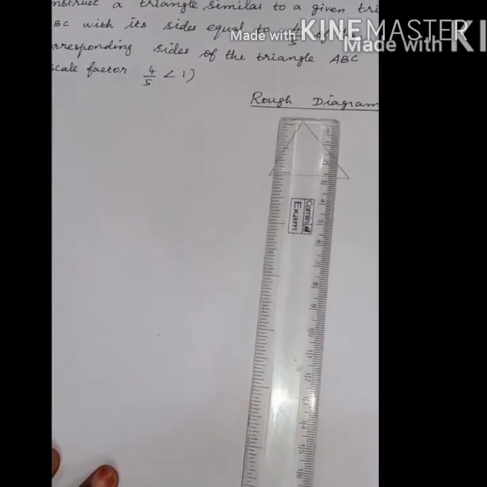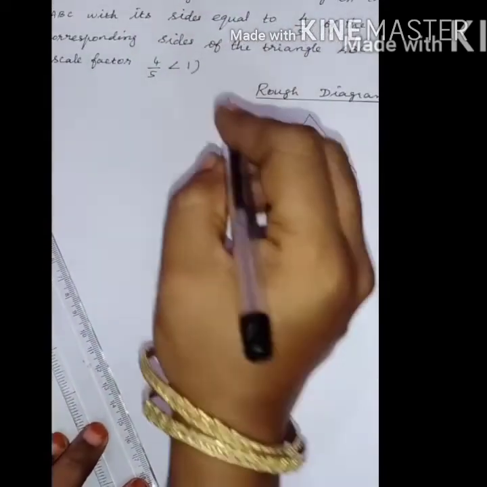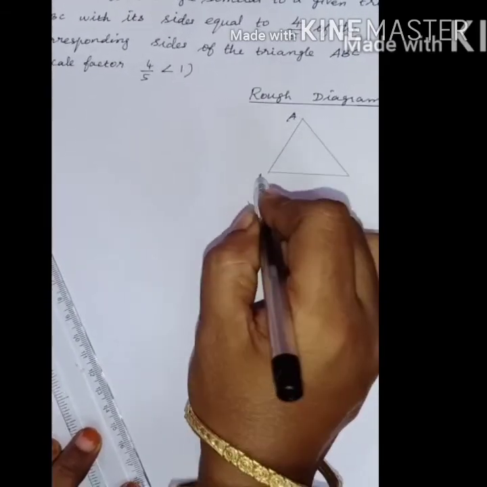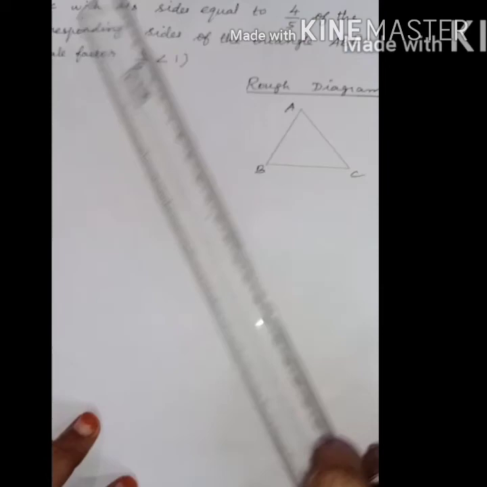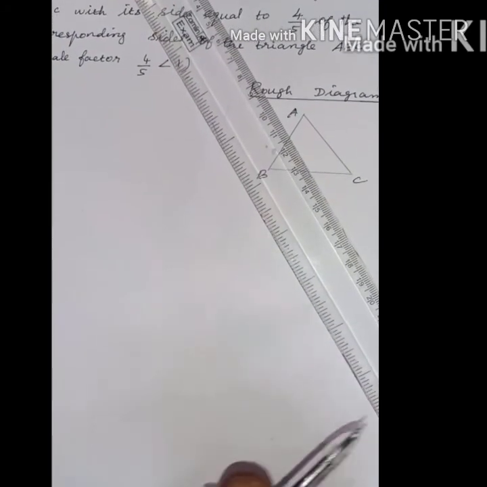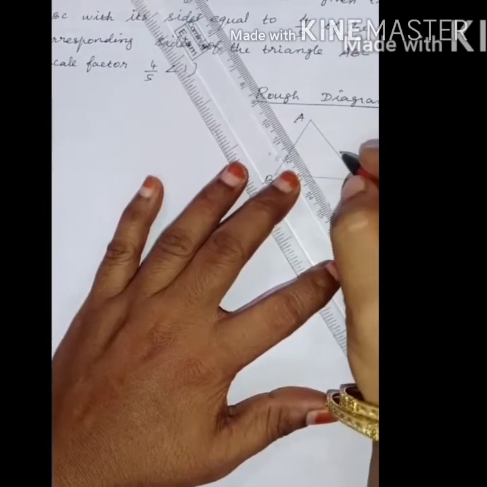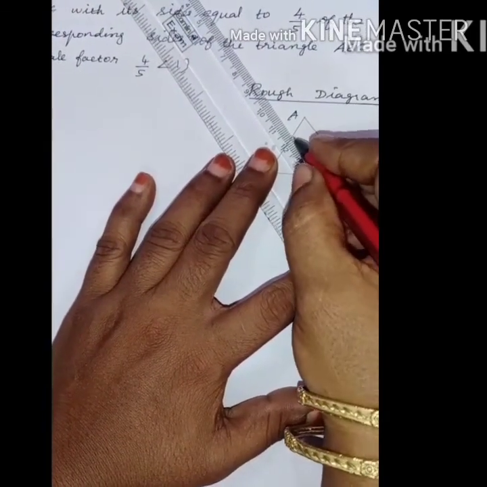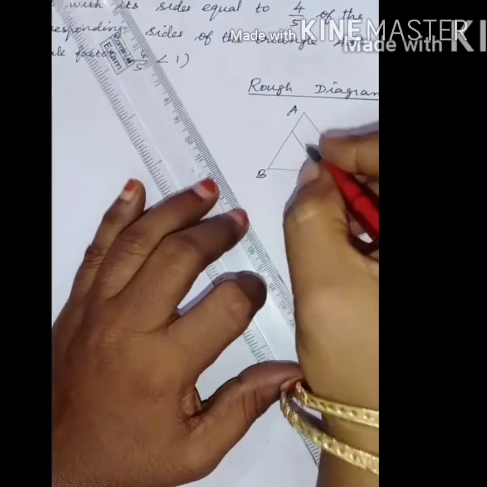First we draw a rough diagram and name it. The triangle is named ABC. You draw the similar triangle to this portion, this side. So on this side you draw a similar parallel line.